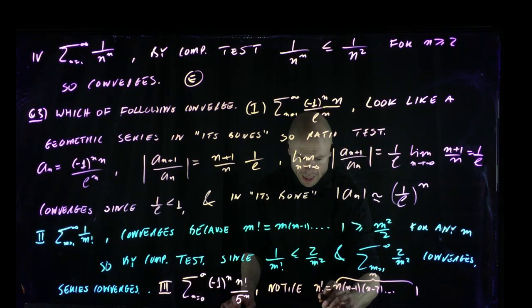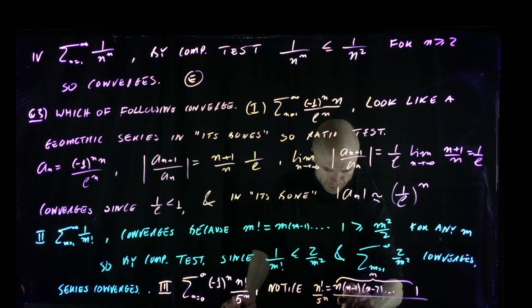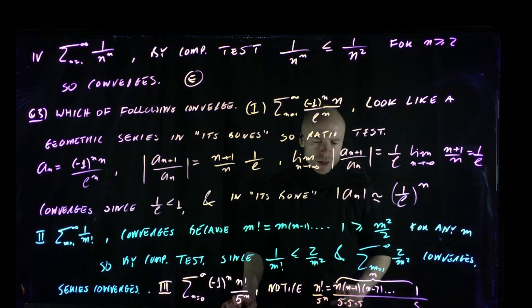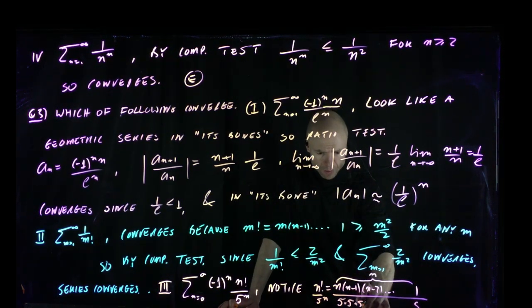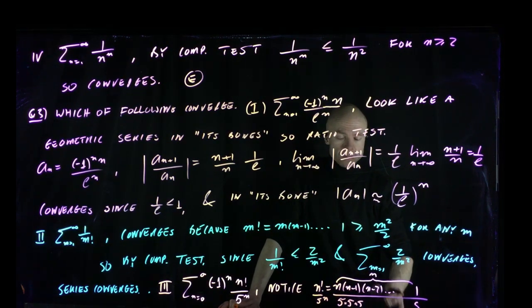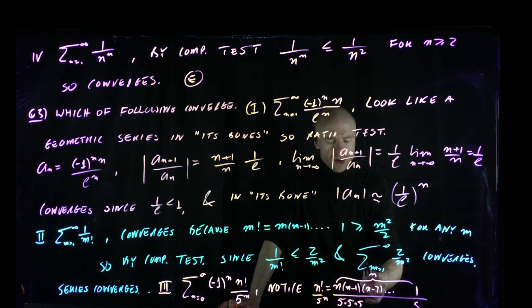Okay. So when we consider this ratio of n factorial over 5 to the n, then we have like 5 times 5 times 5 and so on, right? So there are n terms on the top and n terms on the bottom, but the guys on the top are going to be way bigger as n goes towards infinity, right? So we have 1, 2, 3, 4, 5. Those guys are smaller than 5, 5, 5, 5, right?